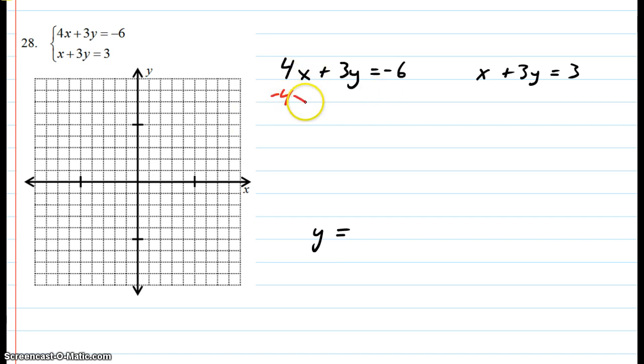So we do the opposite. We minus 4x from both sides. So this goes away, and so we have 3y equals negative 4x. That's going to be minus 6.